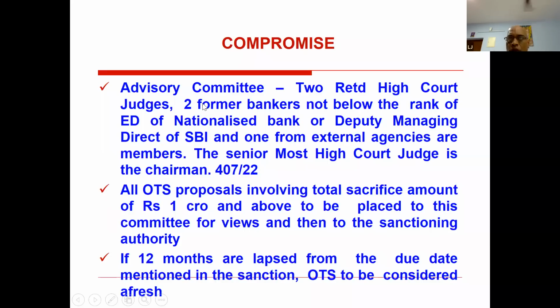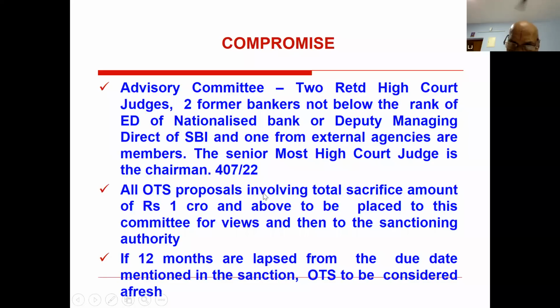So what is the role of the advisory committee? All OTS proposals involving a total sacrifice amount of rupees 1 crore and above. I told you how to calculate the sacrifice amount: book liability plus unapplied interest as given by the formula, minus the OTS amount offered by the party, is the sacrifice amount. Delegation of power depends upon the sacrifice amount.